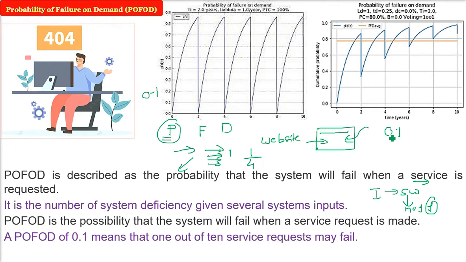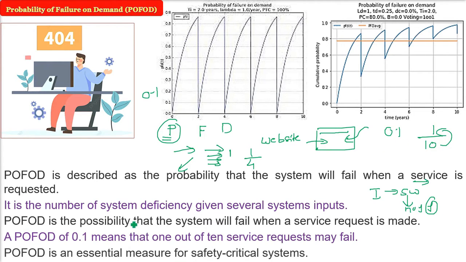It means 1 out of 10 service requests is likely to fail. So for 10 events, one will fail. This is very important for systems where life is at stake. For safety critical systems, POFOD is essential. That is why we are talking about it.